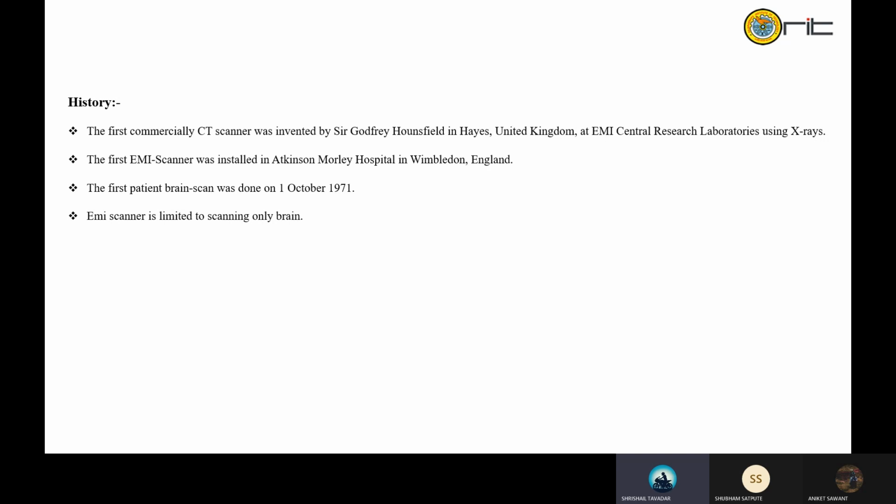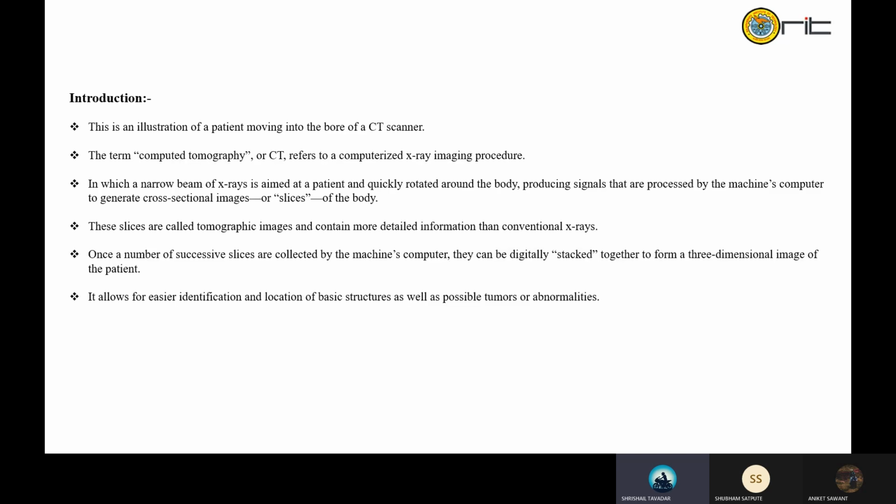Next, I will give the introduction. This is an illustration of a patient moving into the bore of a CT scanner, with the board moving inward and outward in the machine.